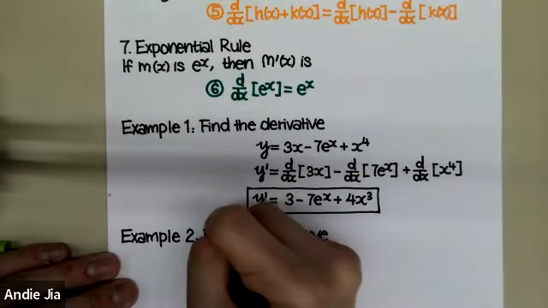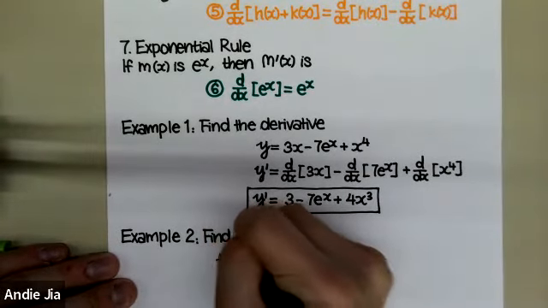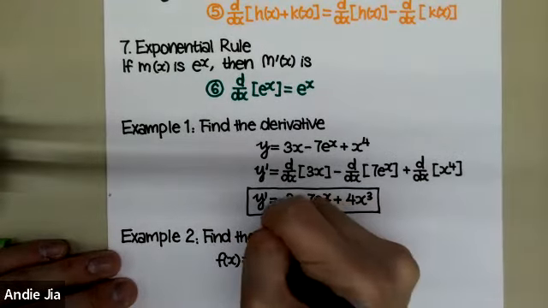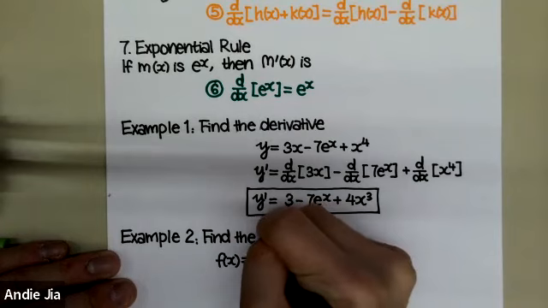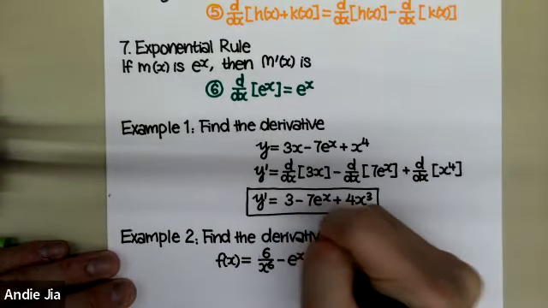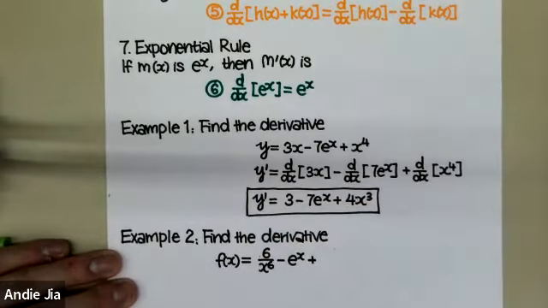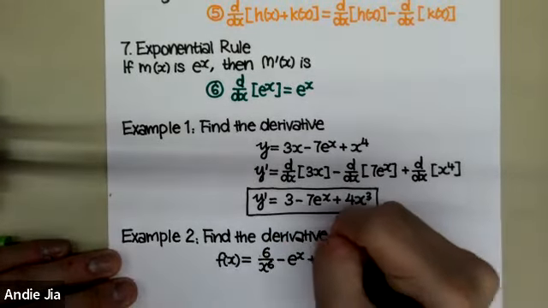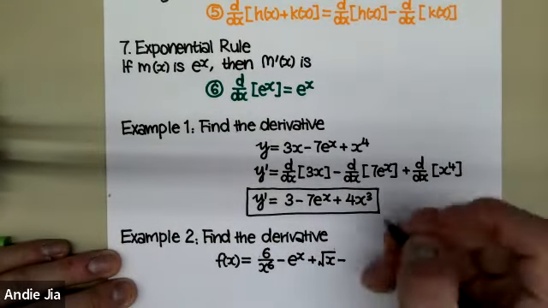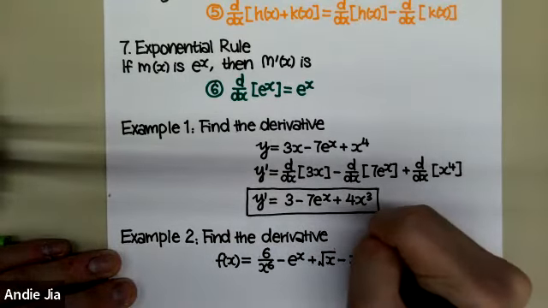If we say f of x is 6x to the 6 minus e to the x plus radical of x minus x to the 10th.